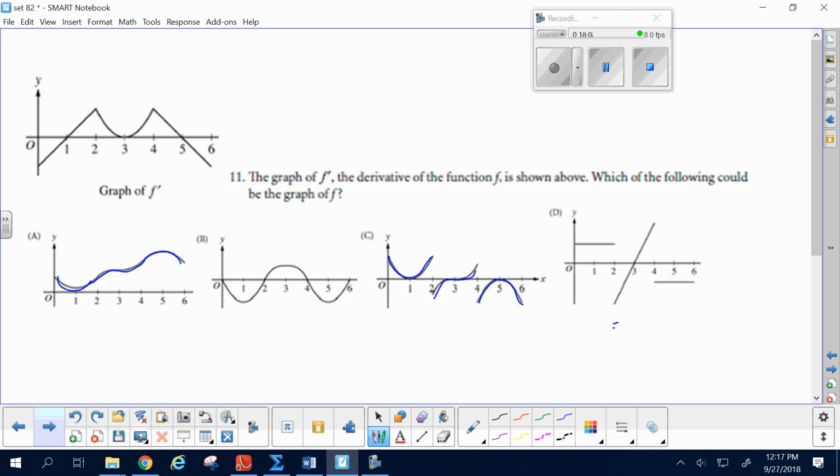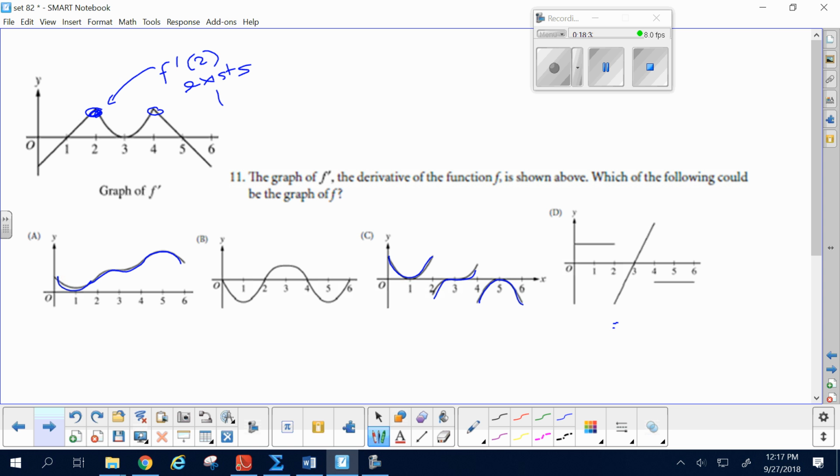So, which one? A. Why must it be A? Slope 4 to 5. Okay. What if the problem had this? Then it could be either A or C. But because this point is defined, f prime at 2 exists.